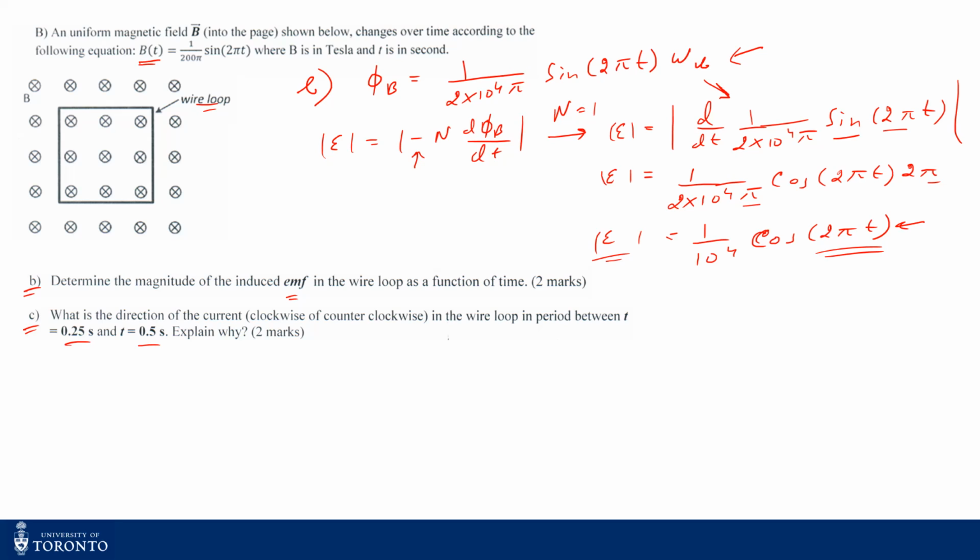right? So since our induced flux is sinusoidally varying, like sine 2 pi t, I can write my phi b as a function of sine 2 pi t.